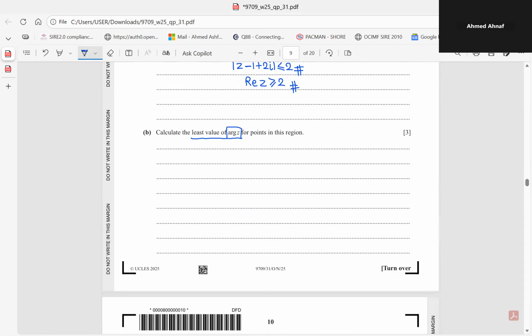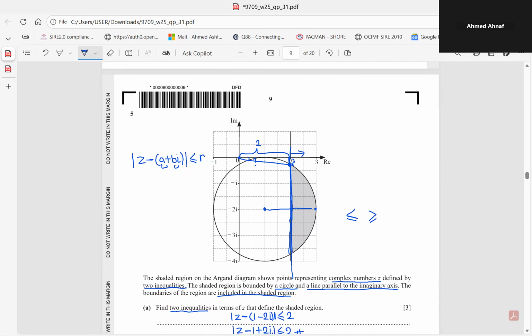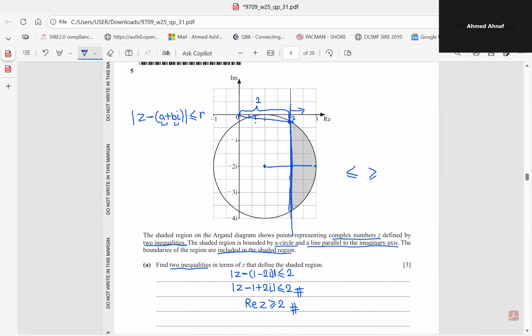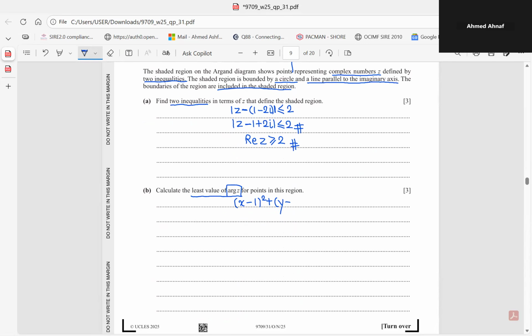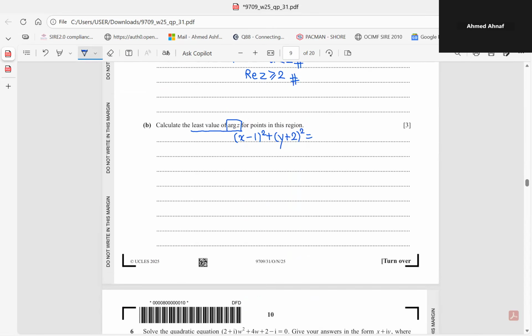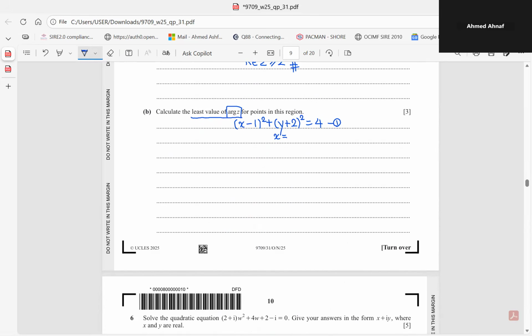The circle equation will be x minus the x coordinate of the center, so (x minus 1) squared, plus y minus the y coordinate of the center, which is negative 2, so y minus negative 2, that's (y plus 2) squared, equals r squared. r squared is just 2 squared, so it's 4. This is equation 1, and then the line is very simple: x equals 2.